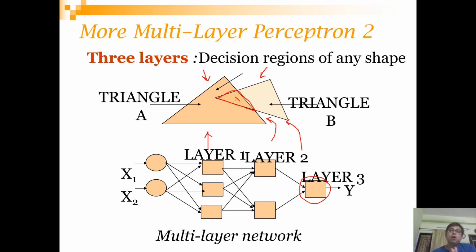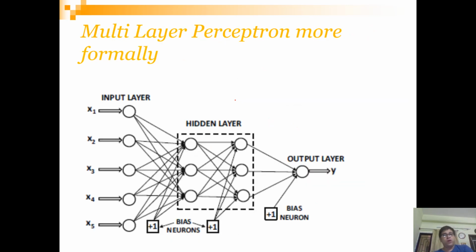Okay, so this tells us that if you stack perceptrons, that becomes quite general purpose, and it can find decision regions of quite arbitrary irregular shape. More formally, if we look at a neural network, there will be one layer where the inputs are coming, which is called your input layer, and here you are simply weighing the inputs.